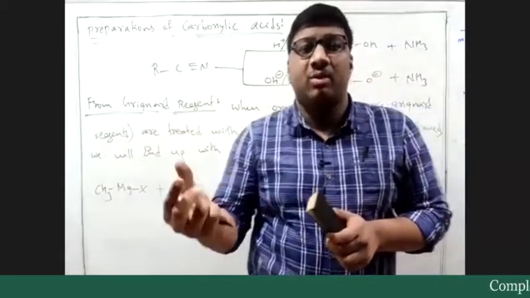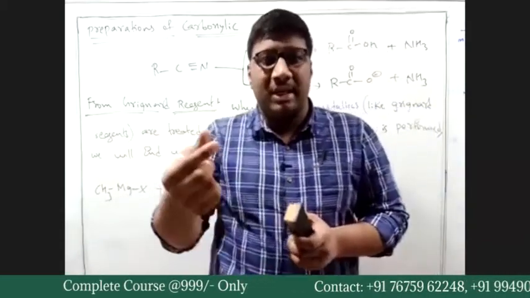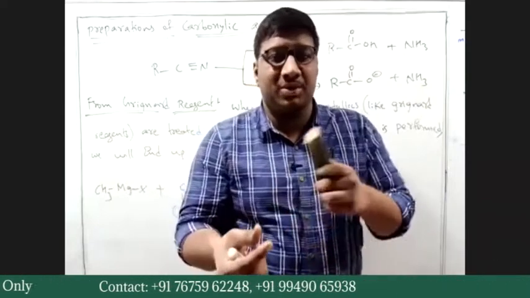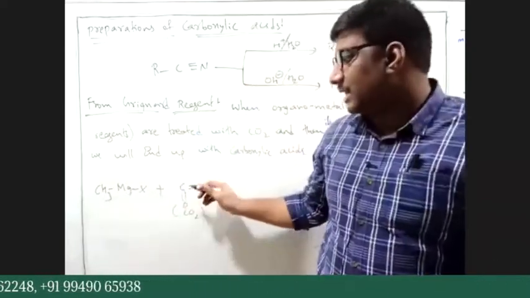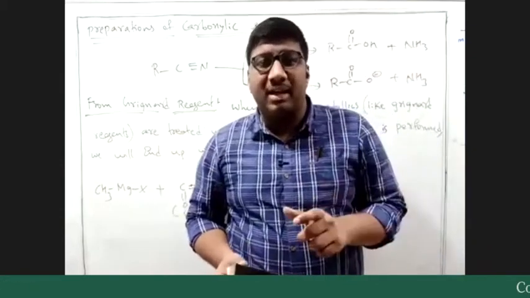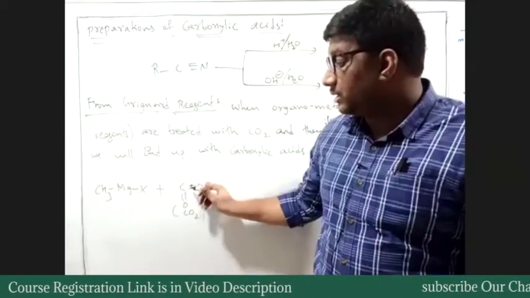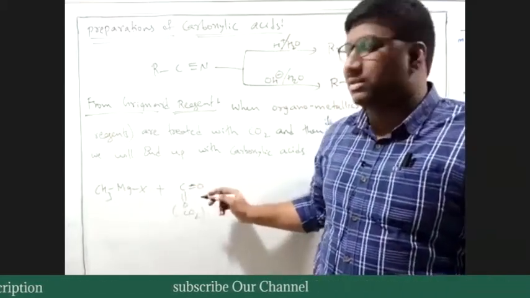When we have a double bond, one bond is sigma and the other is pi. The pi bond is comparatively less strong than the sigma bond, so these electrons can move faster. As oxygen is more electronegative, they can move towards oxygen.